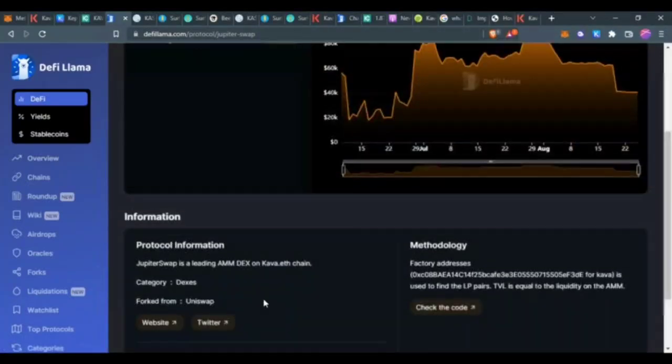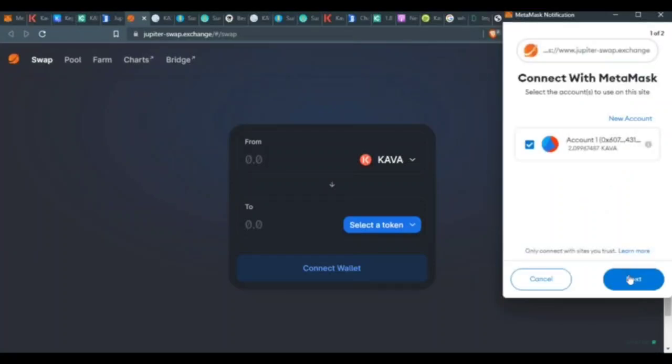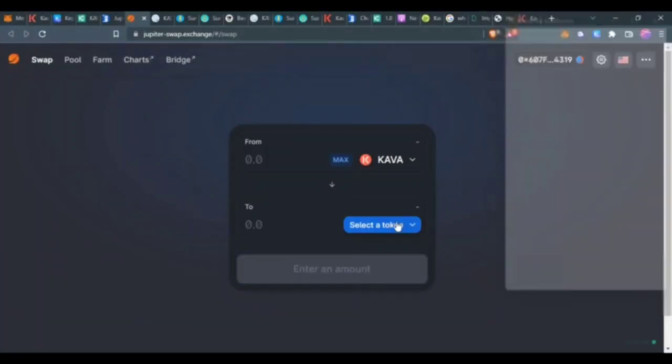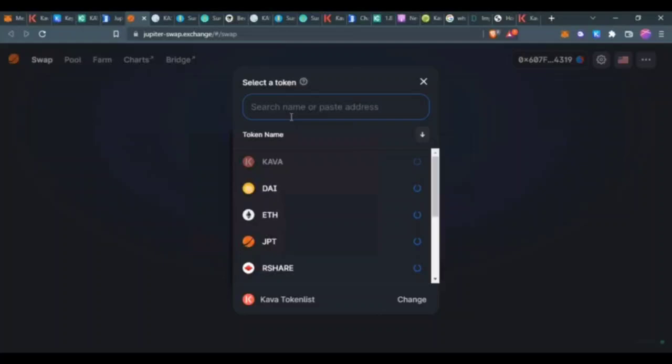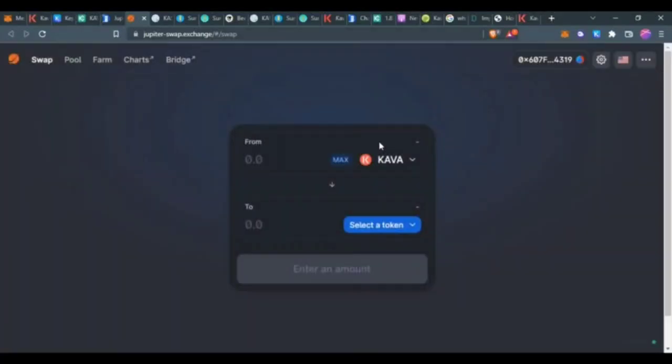Let's try Jupiter swap maybe. Yeah, Jupiter swap wants to connect. Kava. No BUSD here either.